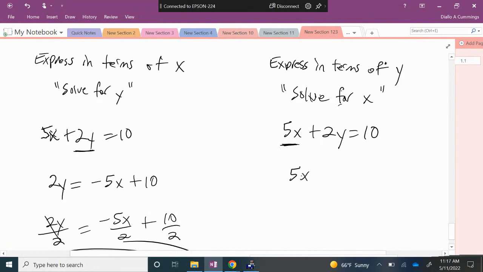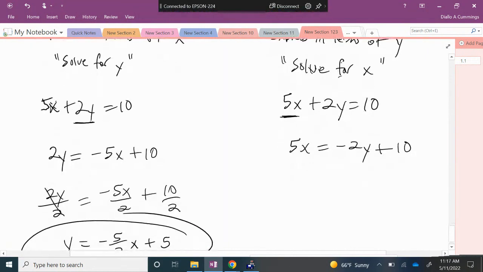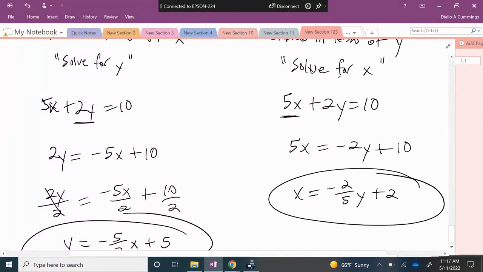I'm going to subtract 2y from both sides. And the last thing I'm going to do is divide everything by 5. So we have x is equal to negative 2/5 y plus 2. All right, so we have expressed in terms of y.